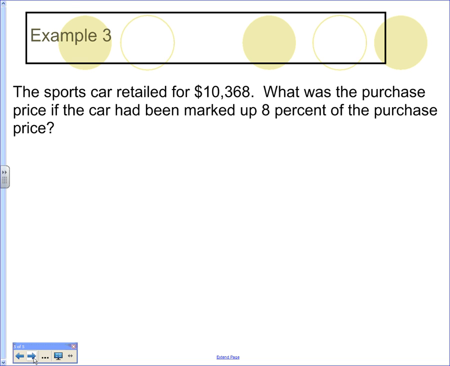What sports car is 10,000? Well, I had this book in high school, and it wasn't a brand new book. These are like 12 years old, like Saxon.